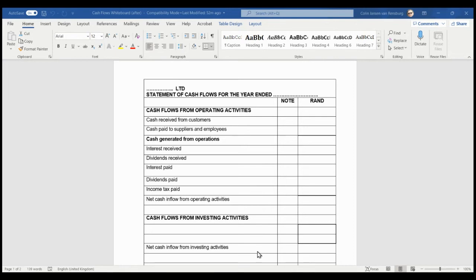The dividends that we've declared, we have disclosed in our statement of changes in equity. But here, we are going to disclose the amount of dividends that we have paid during the course of the year. In other words, the money that flowed out of our bank account because of payments to our shareholders.